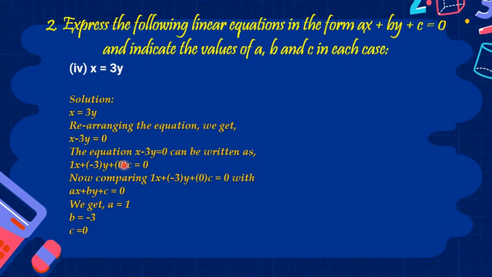Here we can put 0 because they have given that the equation should be in the form ax plus by plus c is equal to 0. So now comparing this equation with the standard equation, we get 1 is equal to a, minus 3 is equal to b, and 0 is equal to c. Moving to the next question.